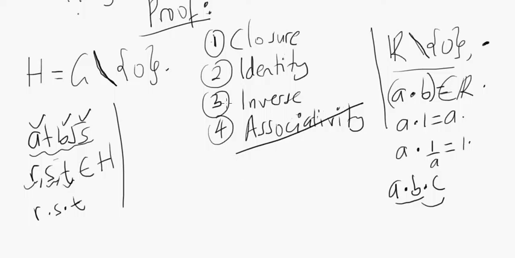The other thing that might be easy for us to show is identity. Once again, if you pick any element of H, like for example this one, we notice that the element is a real number, and we know that any real number times 1 gives you that number back.